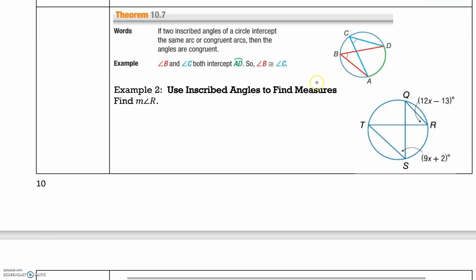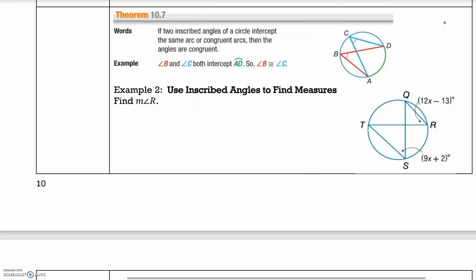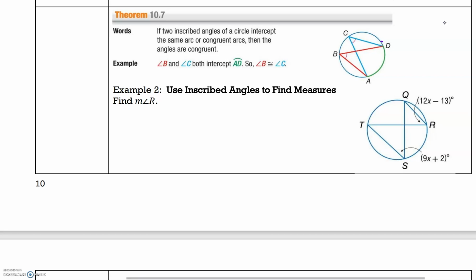Now, notice on this one, they share the same arc. So this angle has arc AD, and this angle, DCA, has arc DA. So if they share the same arc, then these angles are going to be the same. So looking at this one, it has arc QT, and looking at this angle, it has arc QT. So that would mean that this angle and this angle are the same.